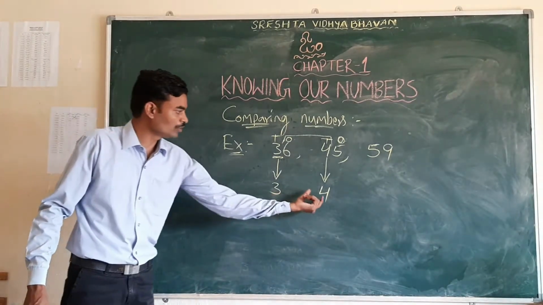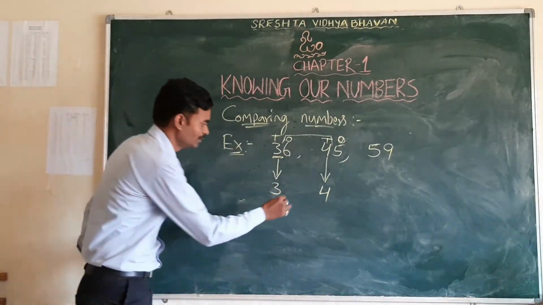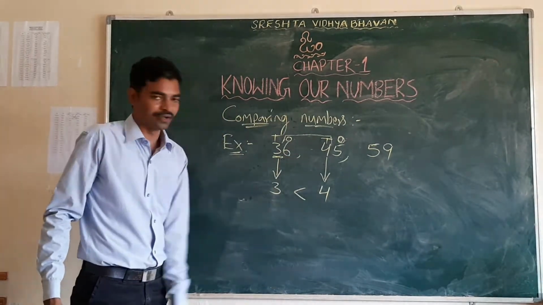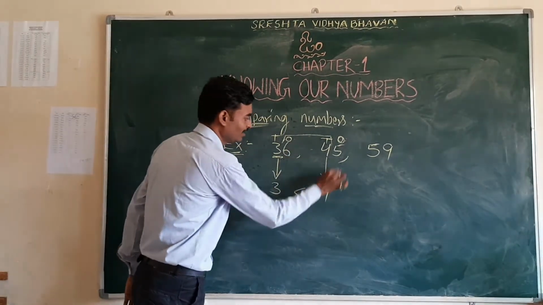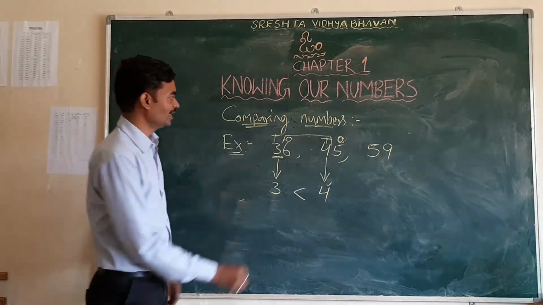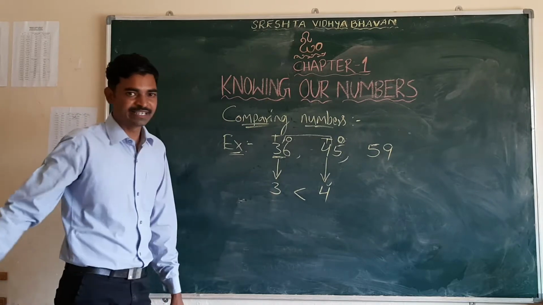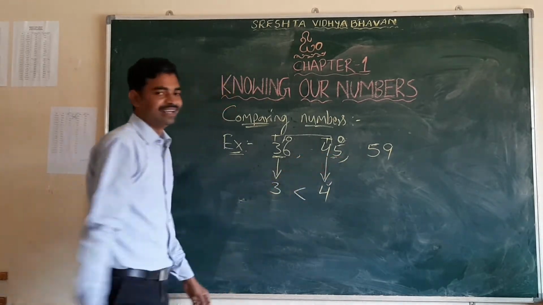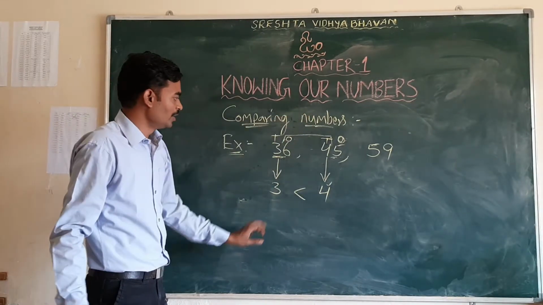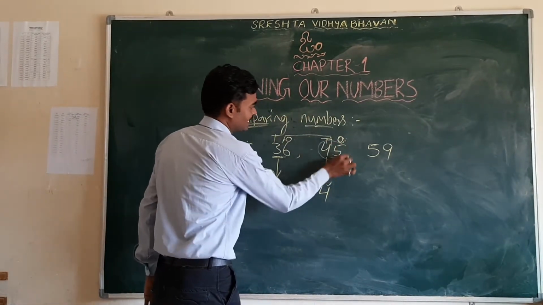We compare with the symbol: 3 is less than 4, which means 4 is the greater digit. Then we identify that 36 is the smaller number and 45 is the larger number in this comparison of two numbers.